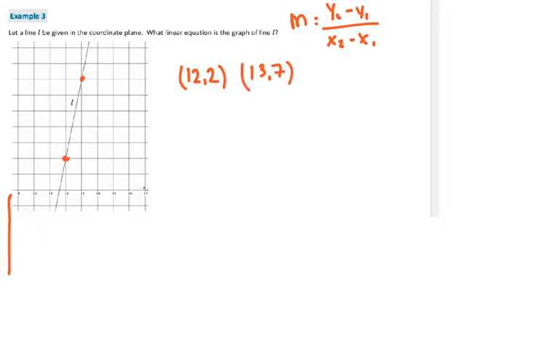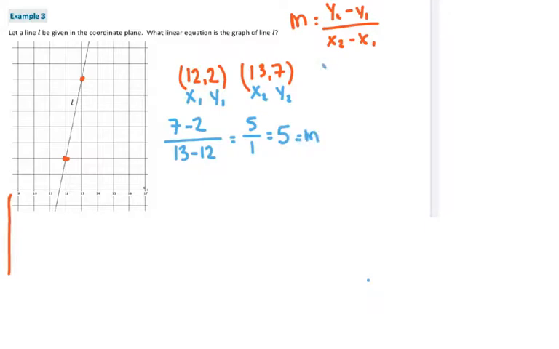And I'm going to label these points to make it easier for me. So I've got x1, y1, x2, y2. And so now I'm going to subtract 7 minus 2 over 13 minus 12. So when I do that, I end up with 5 over 1. And instead of writing the fraction 5 over 1, we can just write that as 5. So our slope is 5.